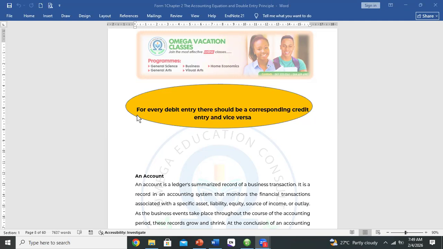Based on the double entry principle, transactions are believed to have two effects. I prefer it when you put it that way, rather than saying affect two accounts, because you remember I gave you a particular transaction where three accounts were involved. So we appreciate that every transaction has a twofold effect.